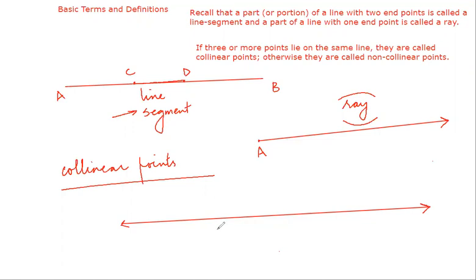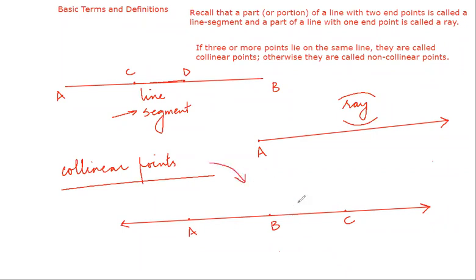Now, let's say we have 1, 2, 3 points on this line or line segment. Let's say these points are A, B, and C. Now these points, because they are lying on the same line segment or line, are known as collinear points.